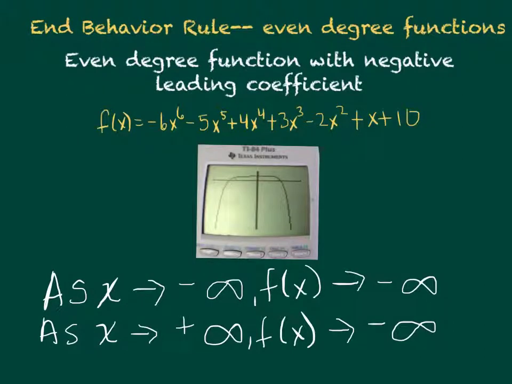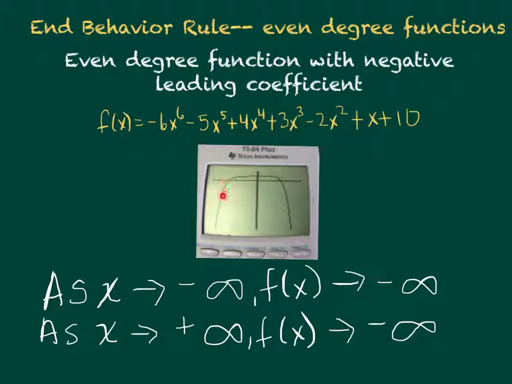Now, let's look at the end behavior rule for an even degree function, but with a negative leading coefficient, like in this function that we looked at before. The leading term is negative 6x to the sixth. The degree is 6. Again, we're more concerned about what's going on here for large, very positive, or small, very negative inputs.